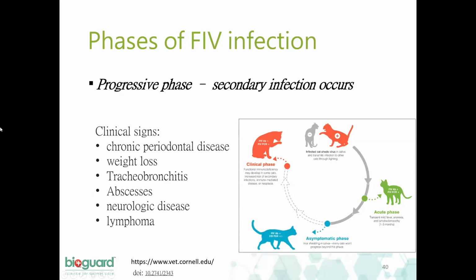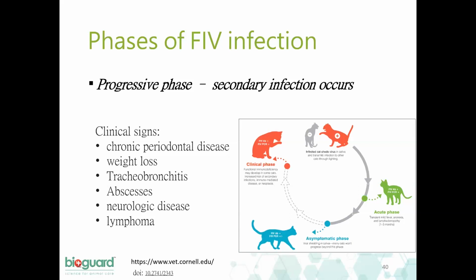The next phase is the progressive phase. As the virus continues to spread through the immune system, cats will enter a progressive immunocompromised state during which secondary infections may occur. Most illness related to FIV is caused by these secondary infections or problems with the immune system.